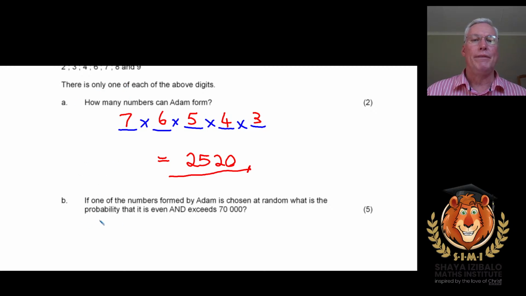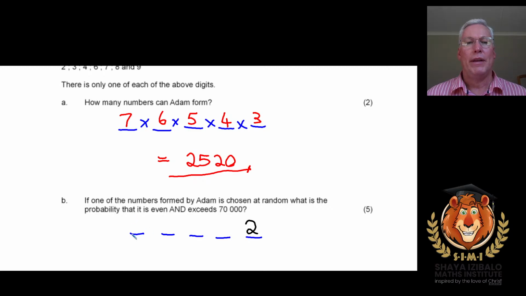Firstly, if it's even, it's a 5-digit number that we're going to make, so it's got to end in 2. This 2 doesn't represent choices, it represents that there's a 2 there. With the green pen, I'm going to write choices.